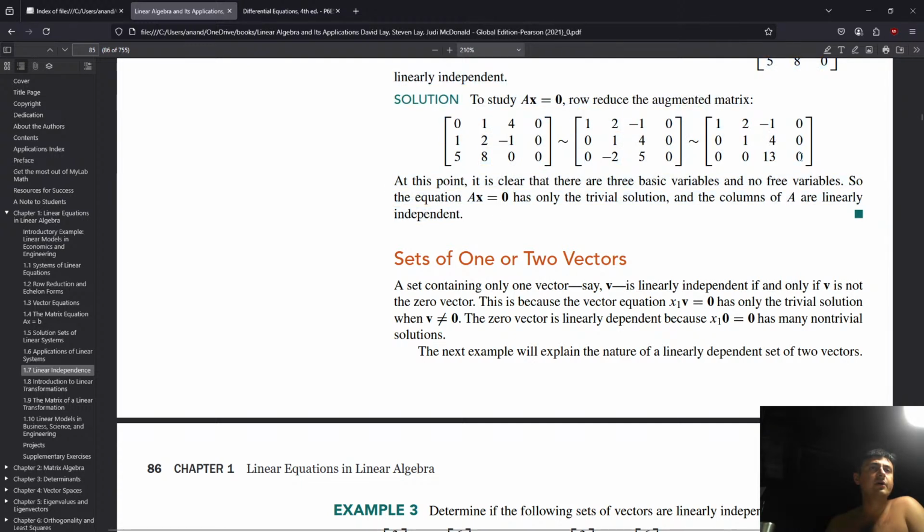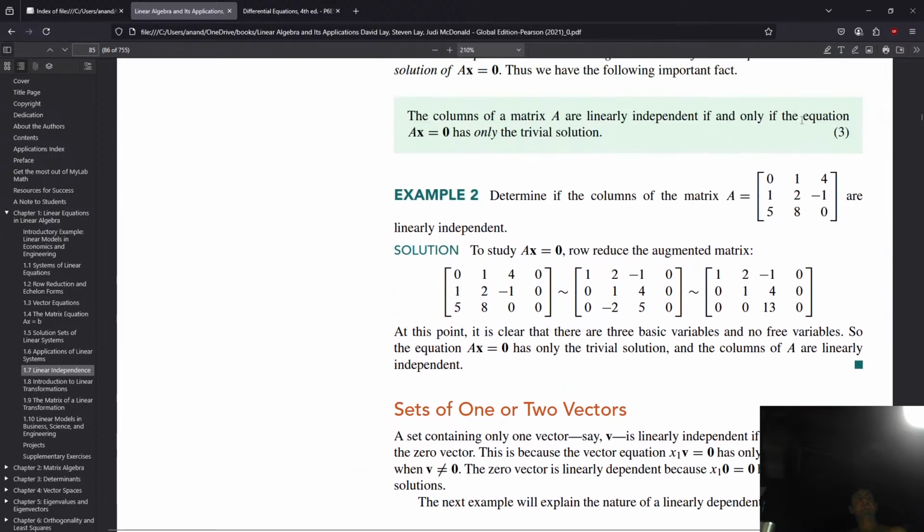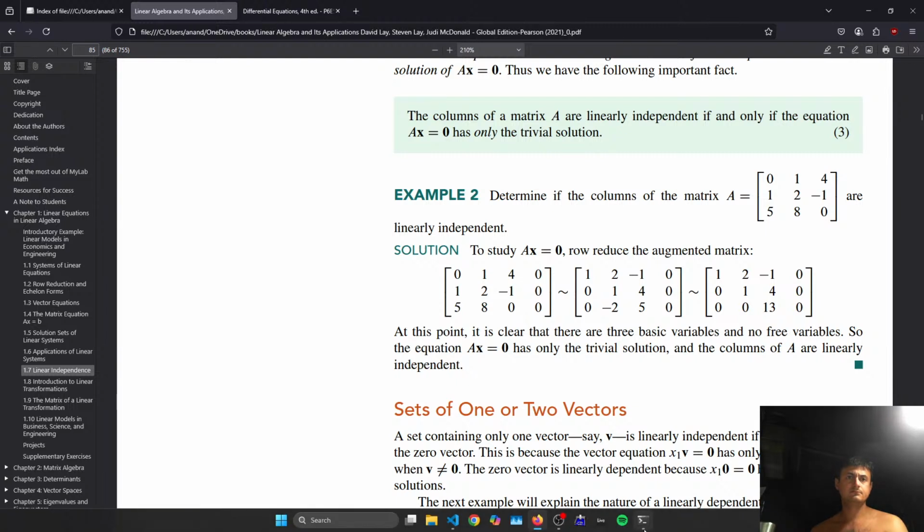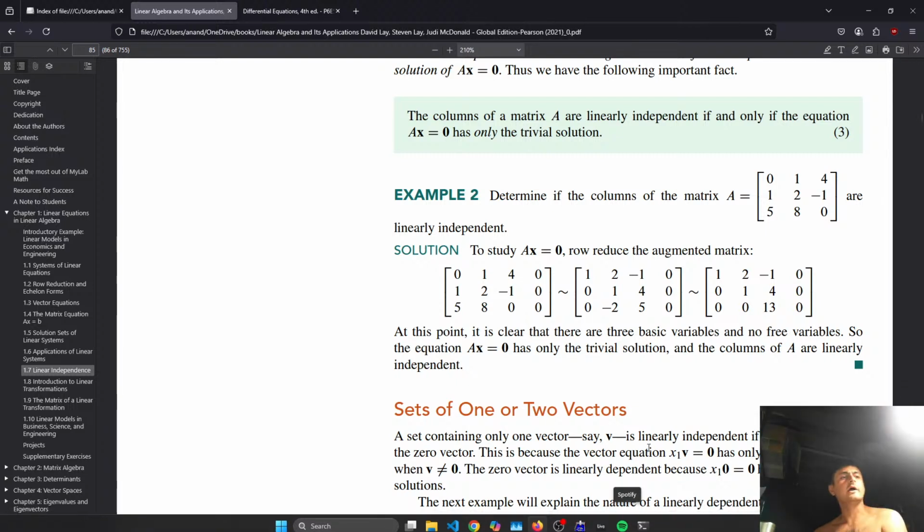This one has no free variables, so the only thing that's going to... The proof of that is actually pretty interesting, probably. Okay, yeah, that makes sense.